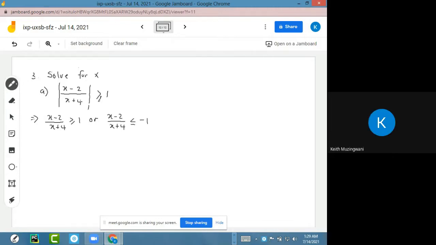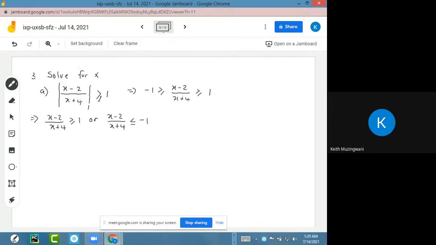You're right. What we have written here is the same as saying negative 1 greater or equal to x minus 2 over x plus 4 greater or equal to 1. But when you separate them, you have these. Okay, sir. Thank you.